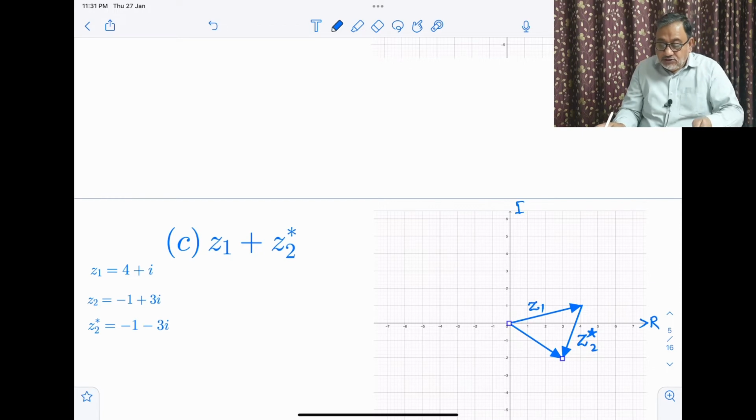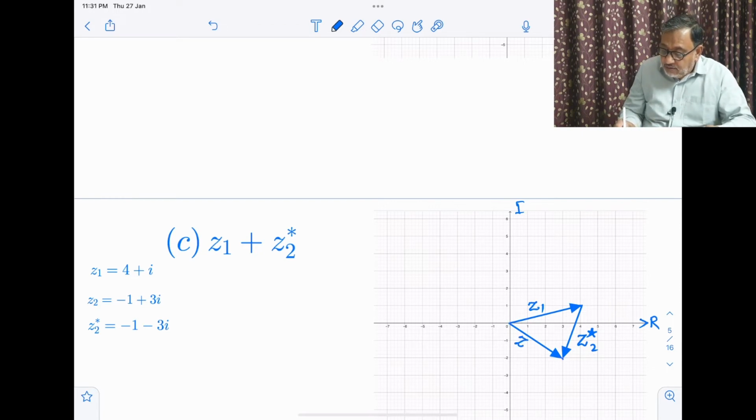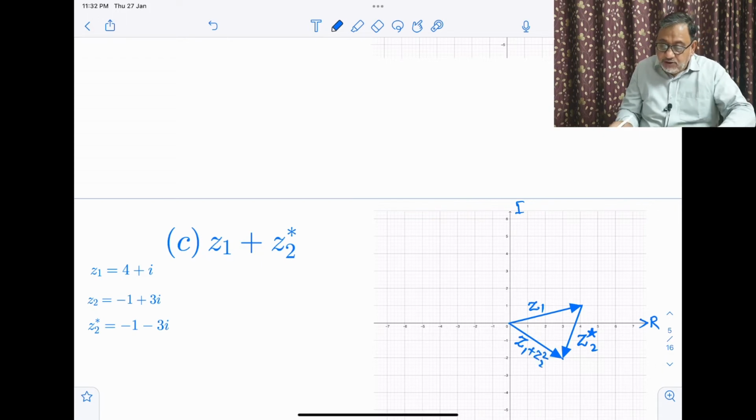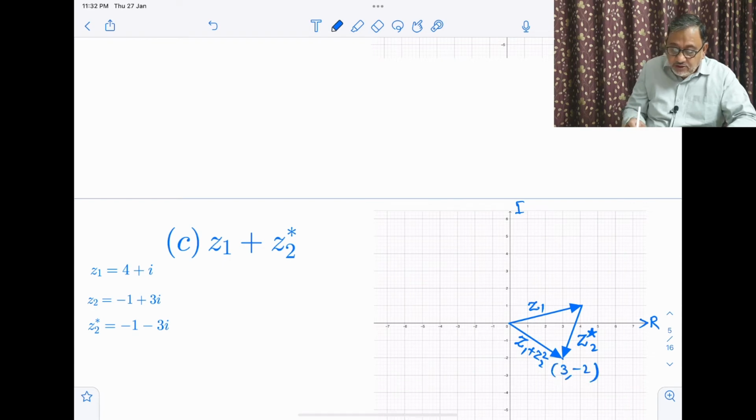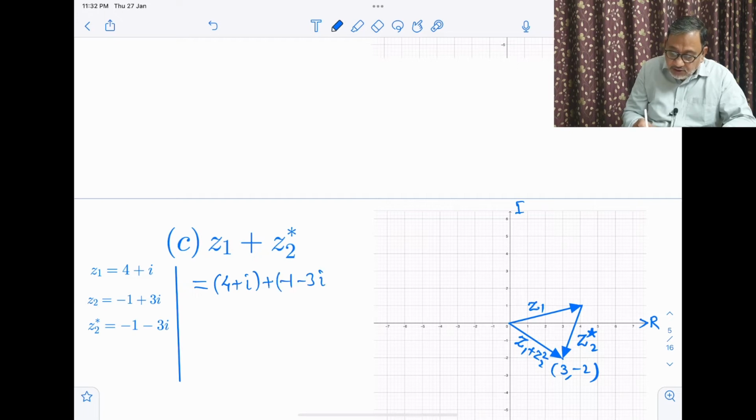Okay, so this is my z1 plus z2 conjugate, and this is the point represented by 3 comma minus 2. So let us check it here. z1 plus z2 conjugate, so z1 is 4 plus i plus z2 conjugate is minus 1 minus 3i.